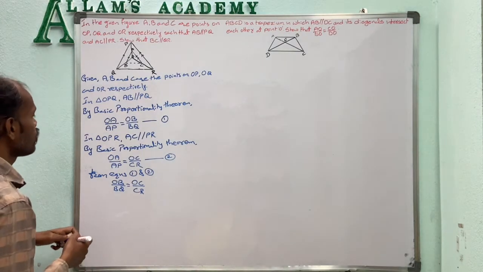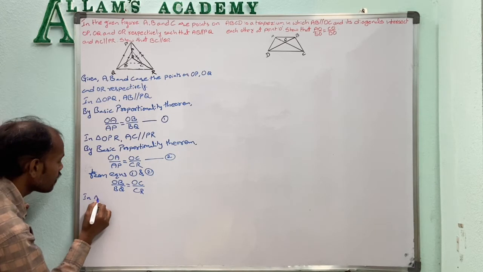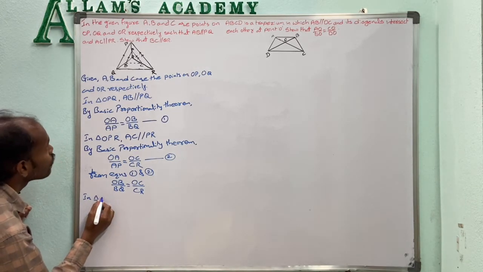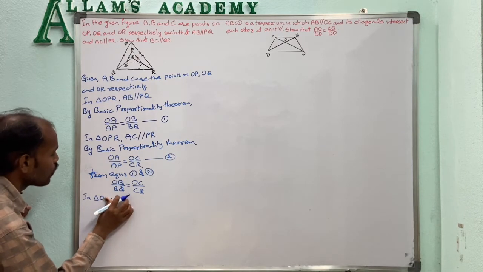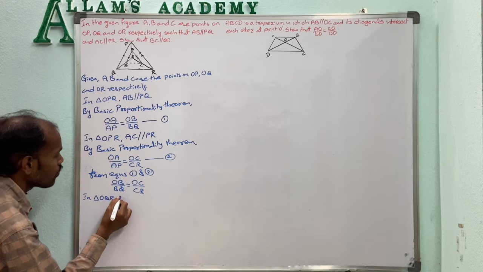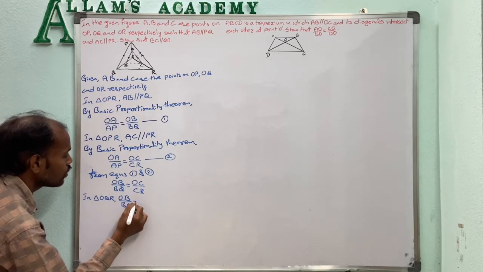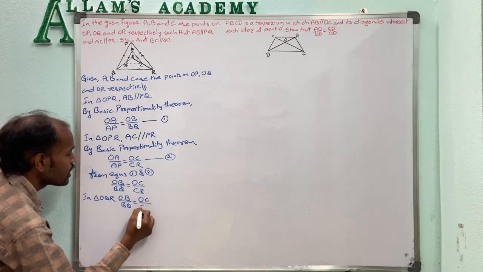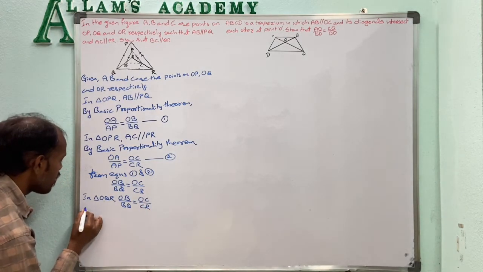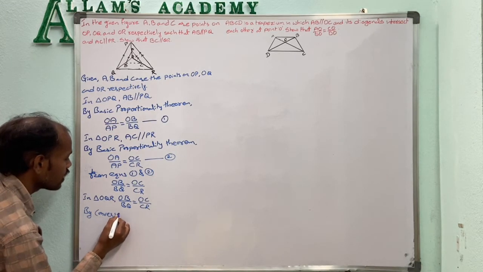So in triangle OQR, OB by BQ equal to OC by CR, by the converse of the basic proportionality theorem.